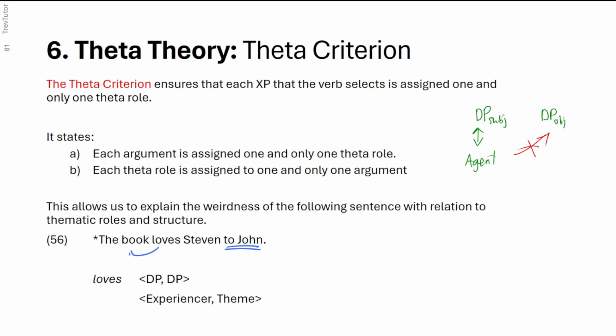It's because loves wants an agent and it wants a theme, and it only has room for that. It's only selecting those two things. So we cannot take an indirect object goal because the verb loves is not selecting for it. We can't say that loves wants an extra PP and it doesn't want any thematic role, because it only wants two things. So we can't give it three. So this is how the theta criterion works in action.